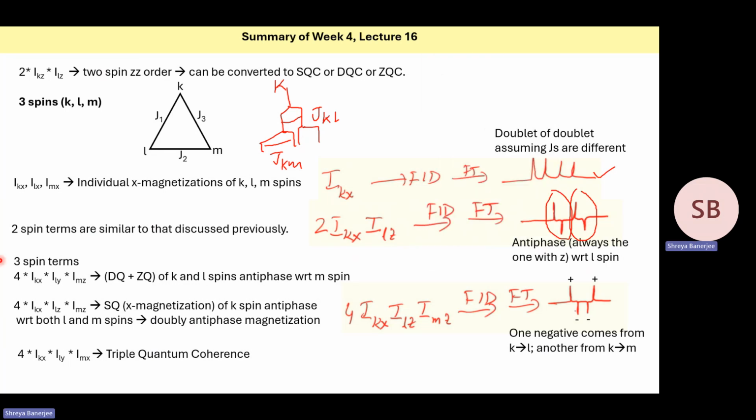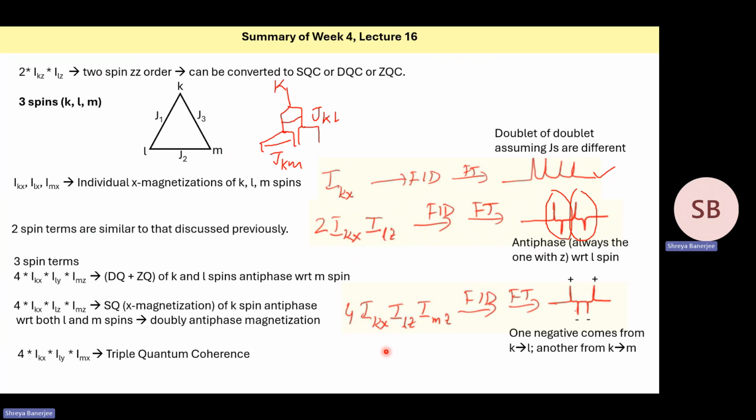Then you will have your three spin terms, which include K, L, and M, all of them. Here the magnetization can be, one can be X, another Y and Z, or two can be Z and one can be X. You can have many different kinds of magnetizations. Each of the spins will have magnetization in a different direction, and you can combine these to get different terms.